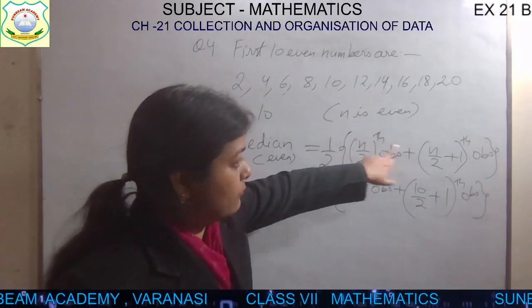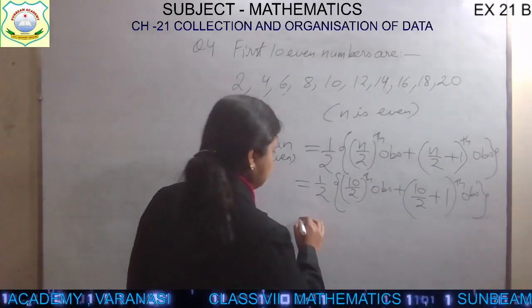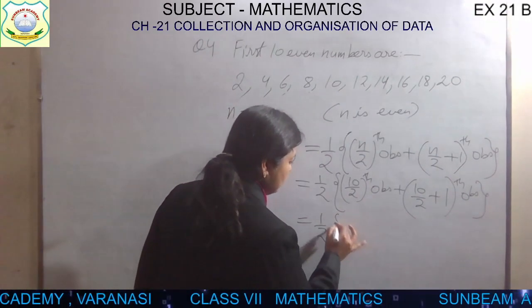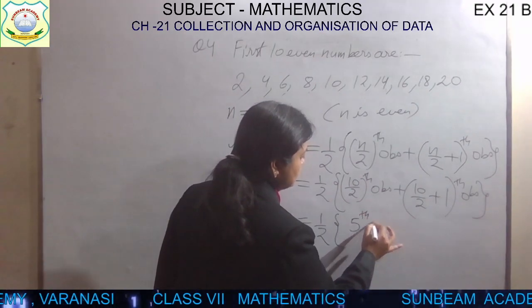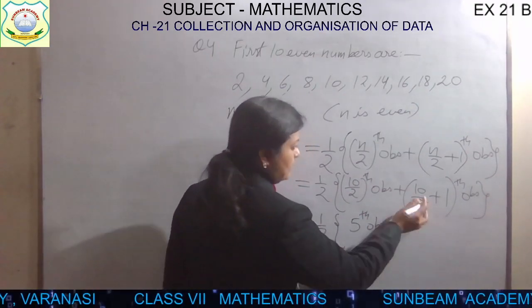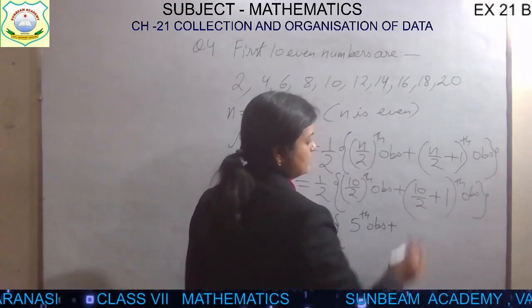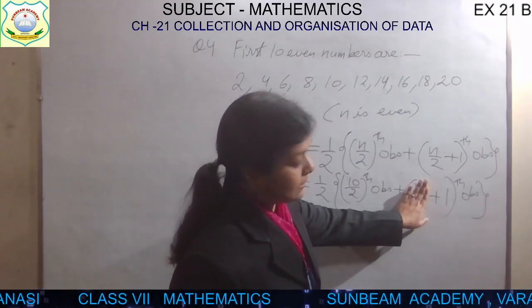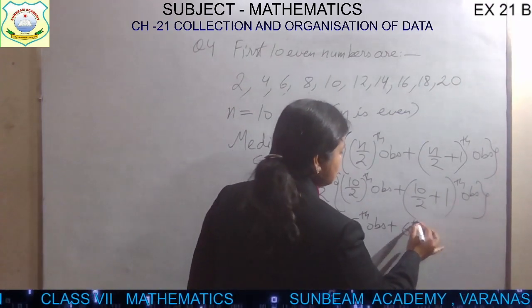So wherever in the formula n is there, we will write 10. So 10 by 2th observation, then again 10 by 2 and then plus 1, th observation. Next, it is equal to half of, in a bracket, 10 by 2, that is fifth observation. And this is 10 by 2, which means 5, 5 plus 1, that is 6. Sixth observation.